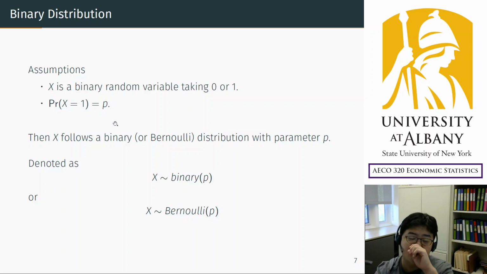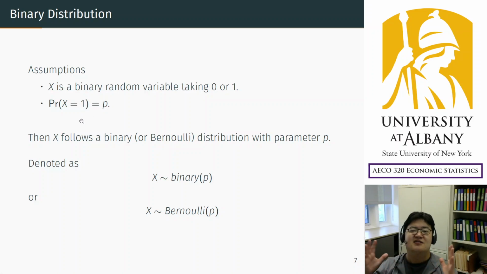So these are two simple assumptions, and then we define the random variable X as following a binary or Bernoulli distribution with parameter P. This P is the parameter for this distribution, because if you know this parameter, you know everything about the distribution.